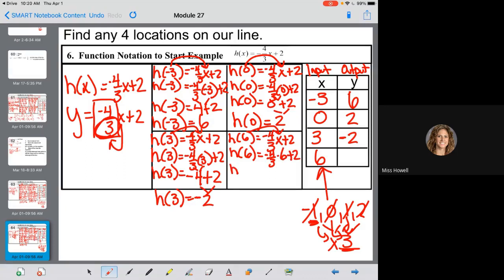Over here, h of 6, there's no math to do. Please don't multiply those. Everything's happening over here. All right, -4/3 times 6. Again, if I can't do that math in my head to get -8 here, use your calculator, which is perfectly fine. So h of 6 equals a -6, which means 6, -6 is a location on this line.